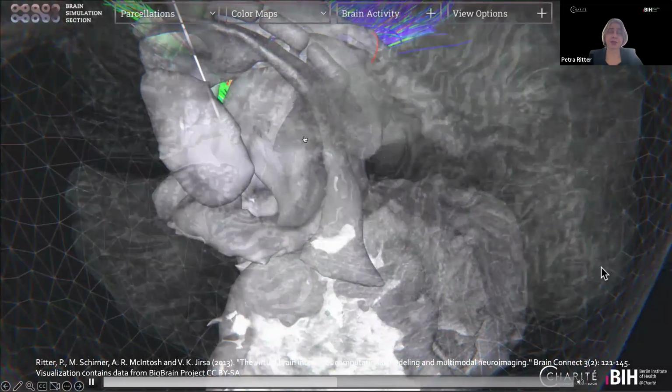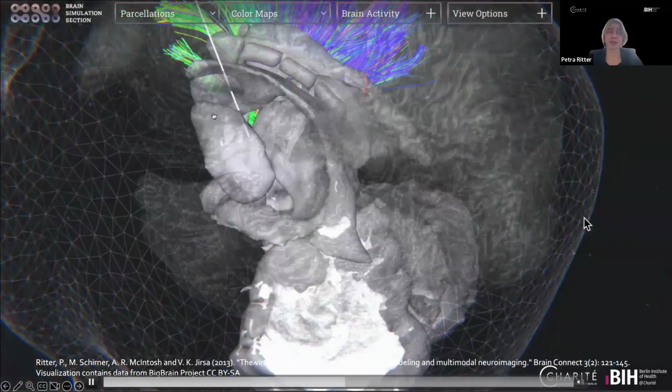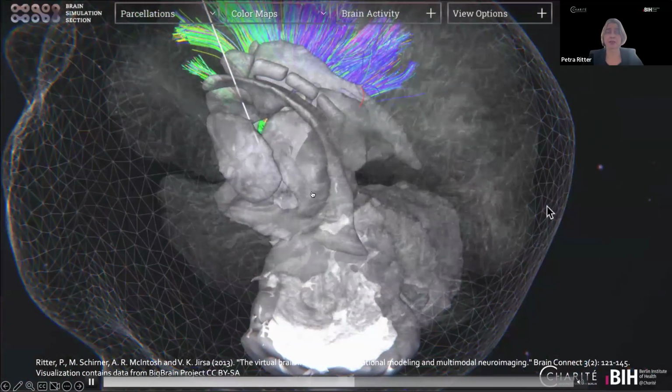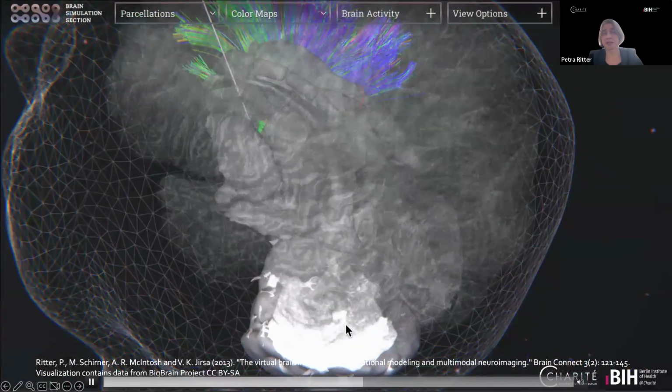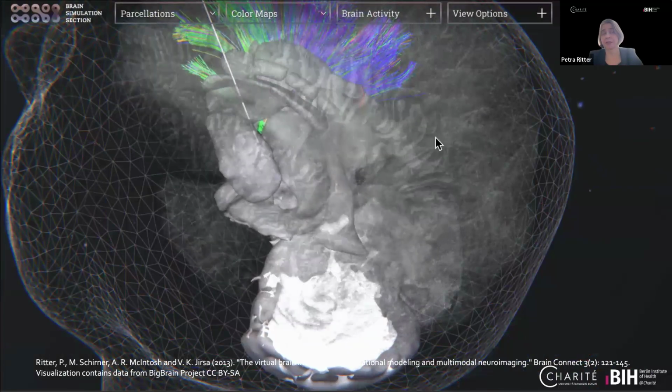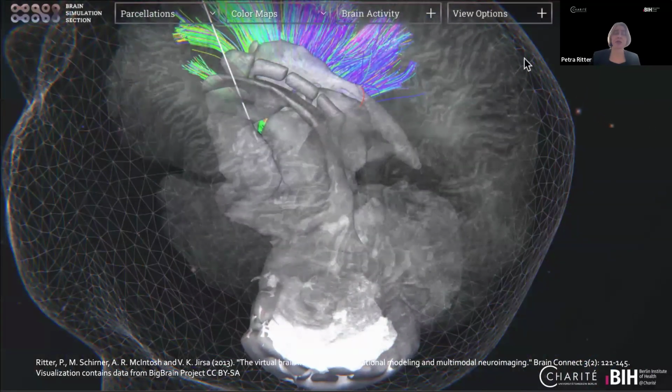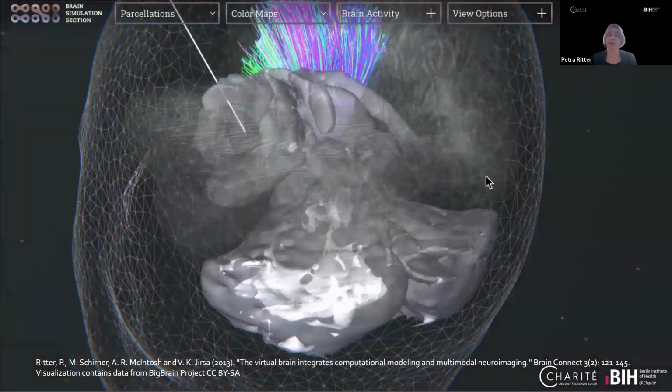Here you see the deep nuclei, the basal ganglia, where the electrode is inserted for Parkinson patients to stimulate the deep nuclei and to improve motor dysfunction.